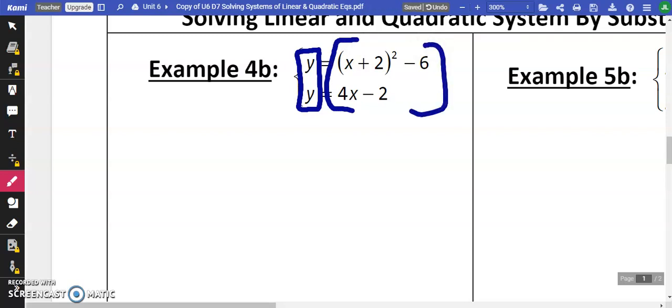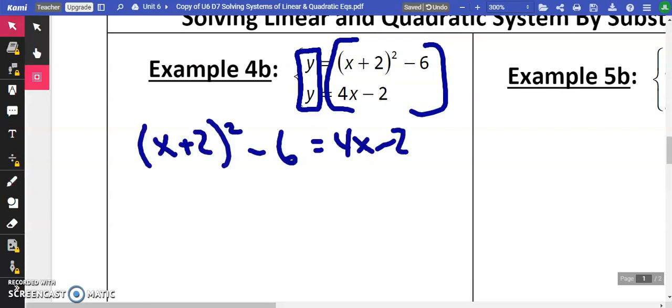So this is basically substituting the equations in for y to get the values of x. So I've set it up as (x + 2)^2 - 6 = 4x - 2.